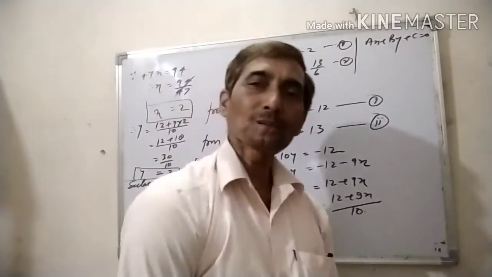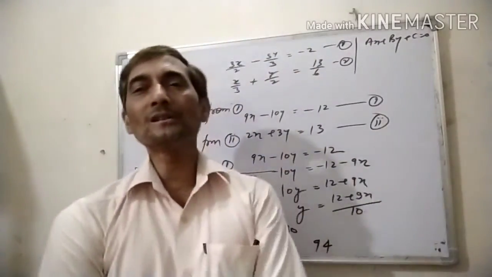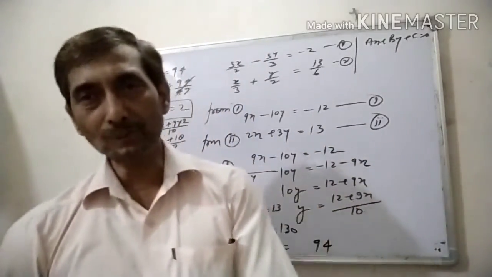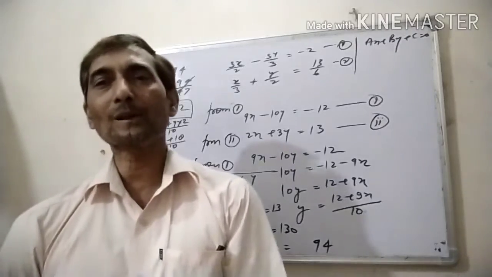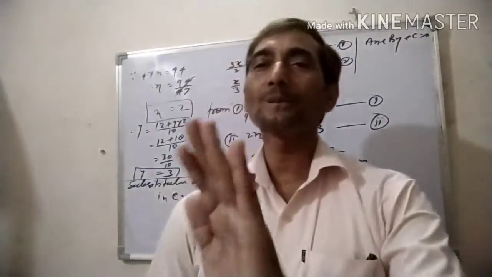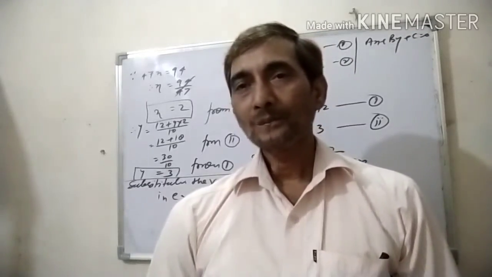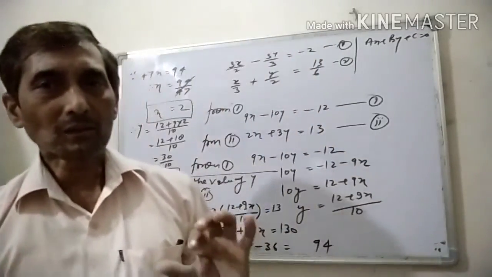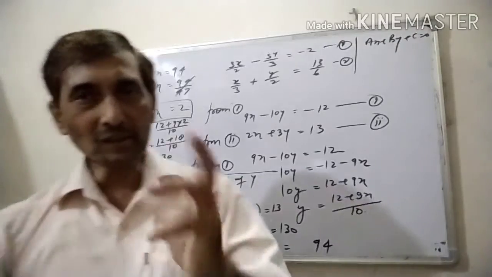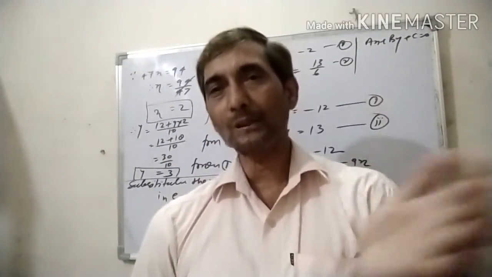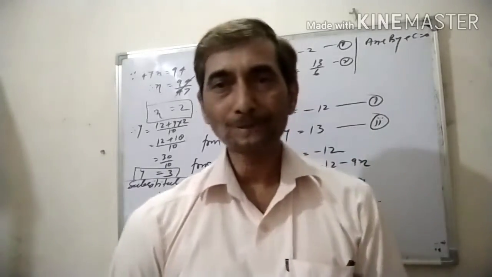If you find it from equation number 1, then substitute it in equation number 2. If you find the value of y in terms of x from equation number 2, then substitute in equation number 1. That means alternate: you use alternate equation numbers, not the same numbers.